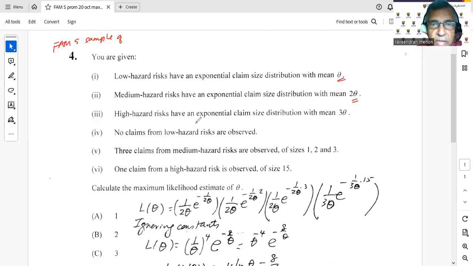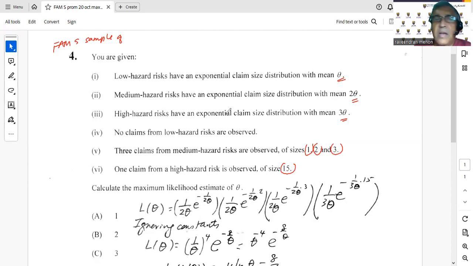And high hazard risks have an exponential claim size distribution with mean 3 theta. No claims from low hazard risks are observed. 3 claims from medium hazard risks are observed of sizes 1, 2, and 3. And 1 claim from a high hazard risk is observed of size 15. Calculate the maximum likelihood estimate of theta.